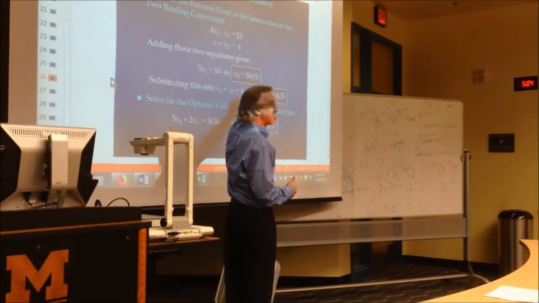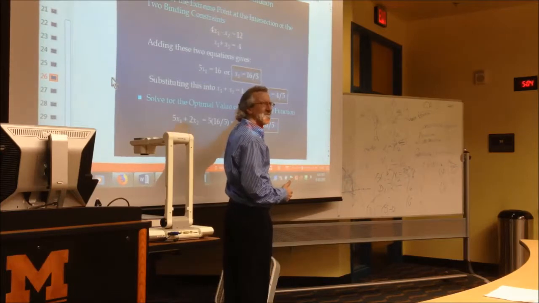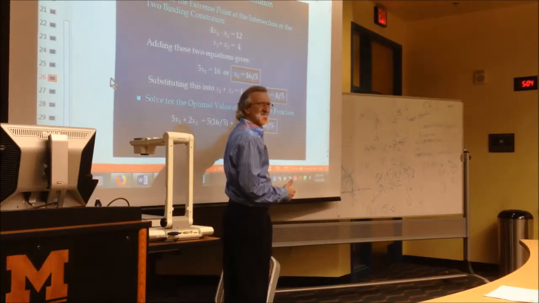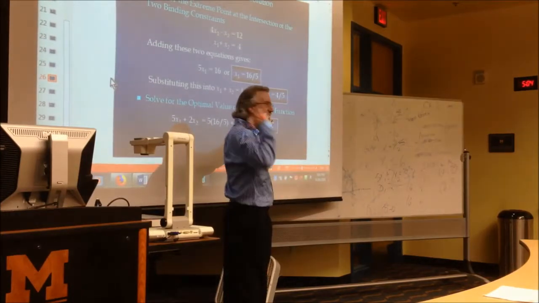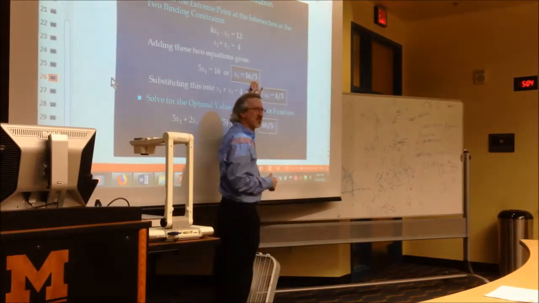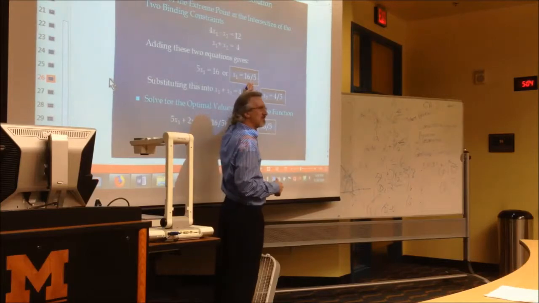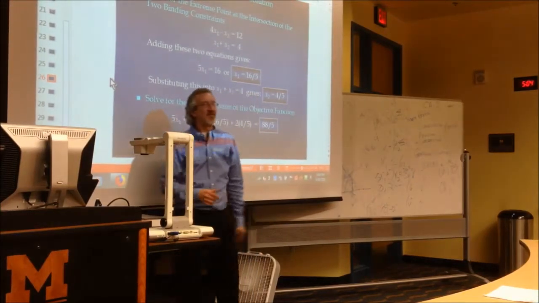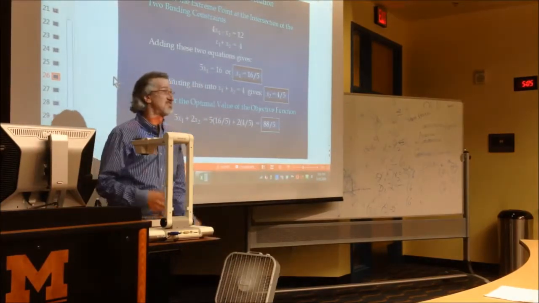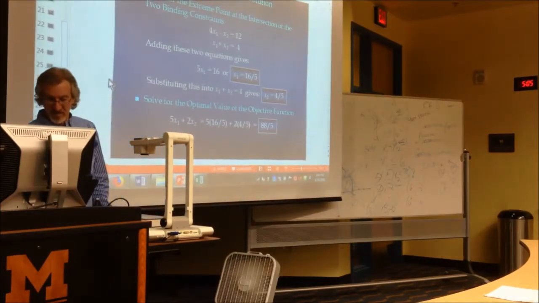Help me out, that's 3 1/5. 16 divided by 5 is 3.2? Okay, 3.2. And 88 divided by 5, which would be what? 17.6. There's your optimal solution, right there.